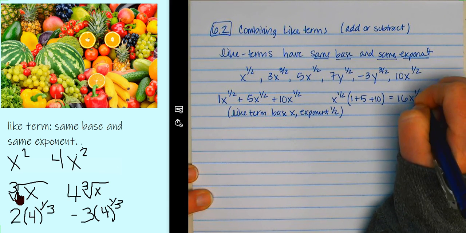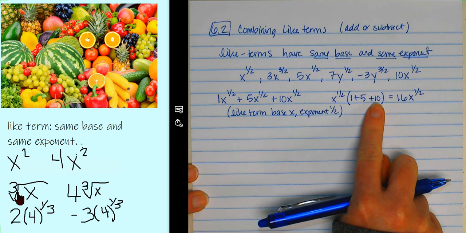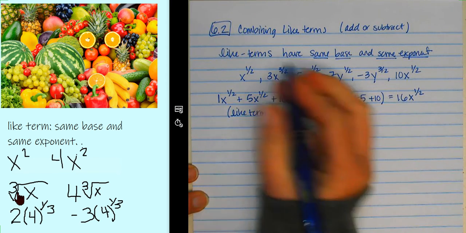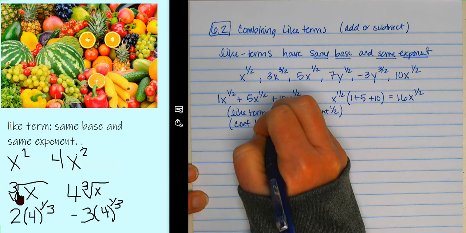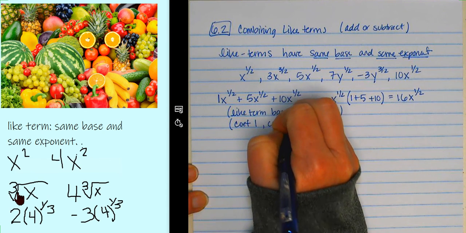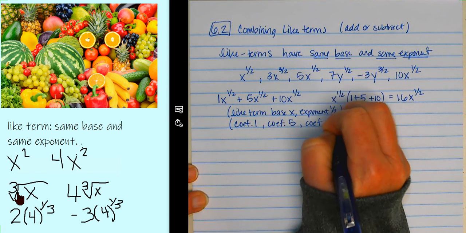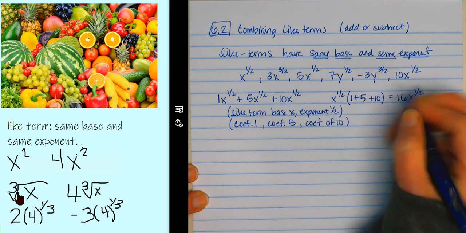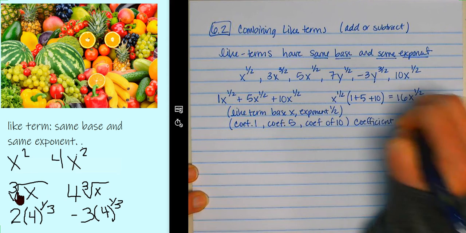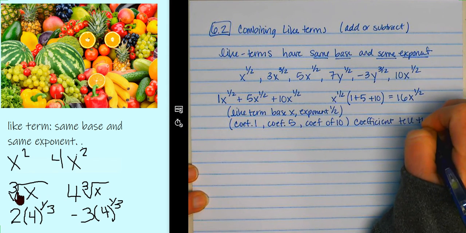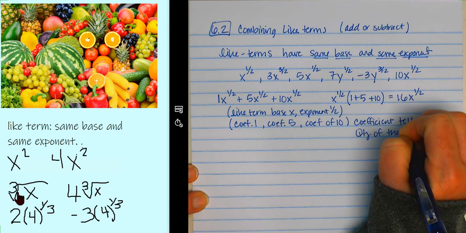I have 16x to the 1/2. You don't have to write it this way, but it's a way to think about adding the coefficients. So here I have coefficient of 1, coefficient of 5, coefficient of 10. And coefficient tells the quantity of that term.